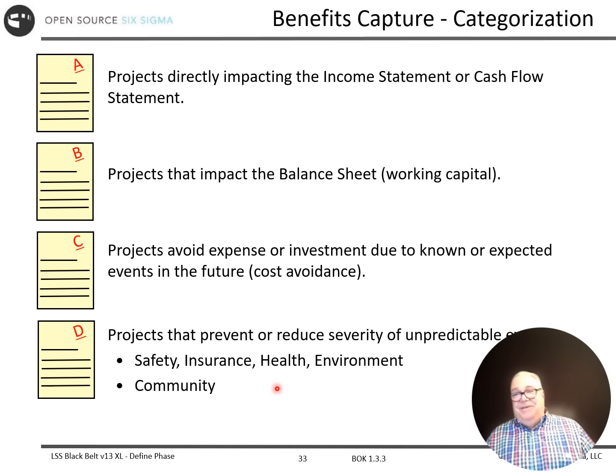So we didn't get a lot of savings, but by executing the project, we were able to move forward with the business. So just a different way to look at it. But obviously, if we can do things that hit the top and bottom line of an income or cash flow statement, those are the ones that are going to be executed first.